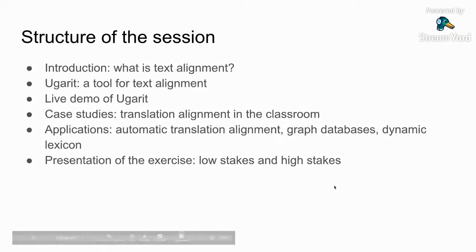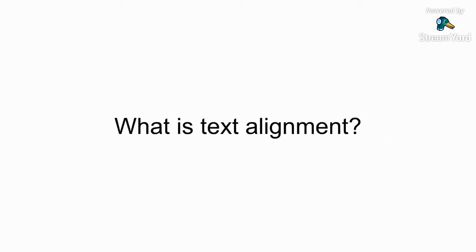And then Tariq is going to talk about possible advanced applications of the data collected through translation alignment, including automatic translation alignment, graph databases, and the use of a dynamic lexicon. And then at the end of the session, we're going to introduce two options for the exercise that you can do after the session. One is low stakes, a simple exercise of translation alignment, and one is high stakes.